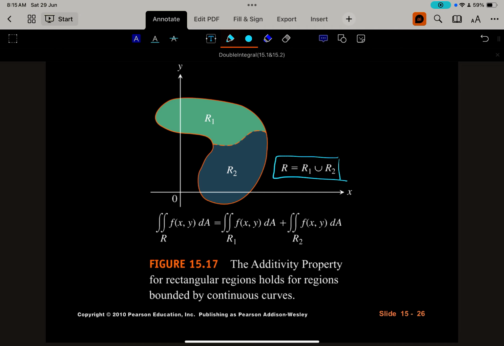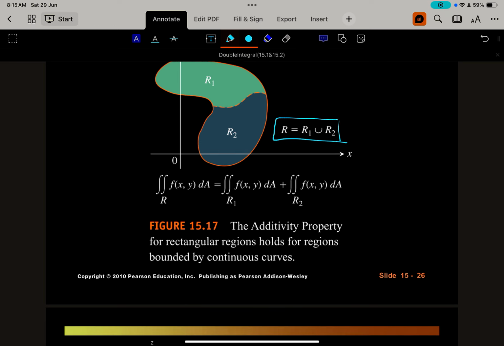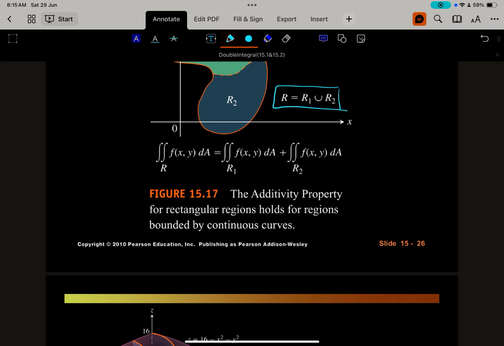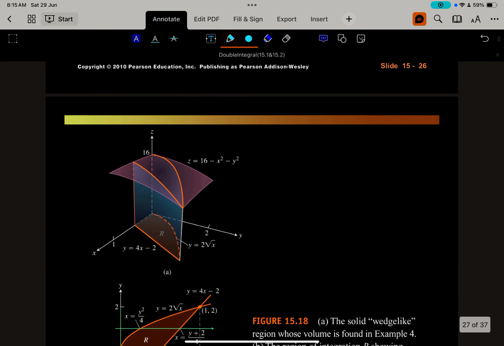The region R is R1 and R2, but the thing is that R1 should not intersect R2, so there should not be any overlap between the two regions. If there's overlap, then this is an issue. But if there's no overlap, then this property holds true, which is that the sum of the integrals over the separate regions is equal to the integral over the whole region. And this is the additivity property for rectangular regions.